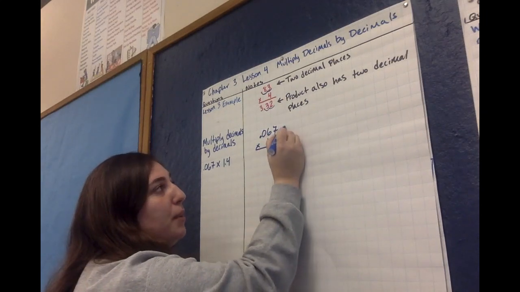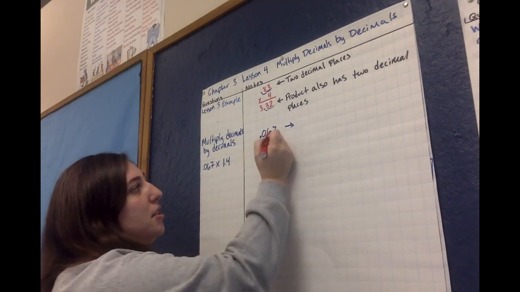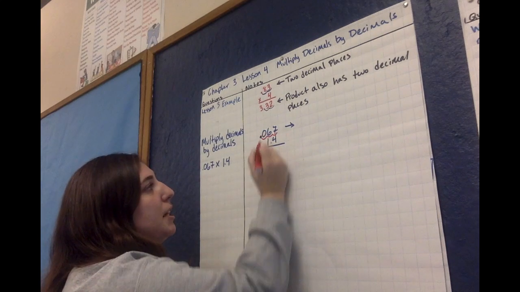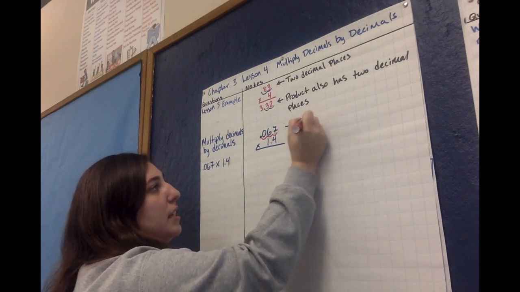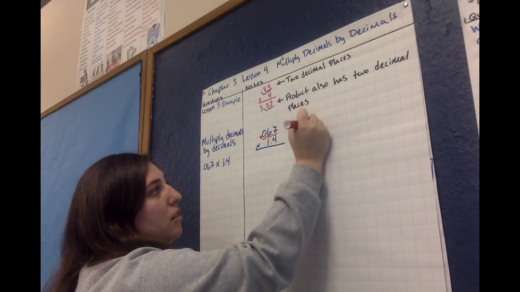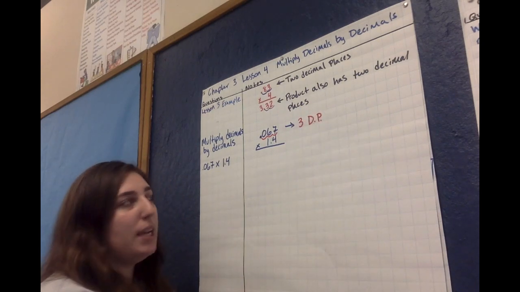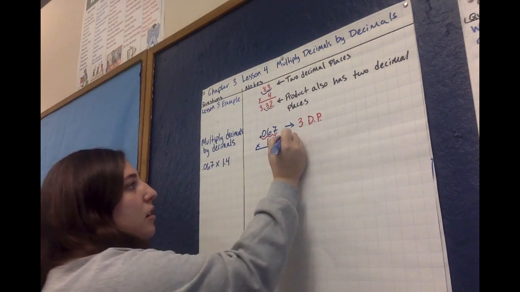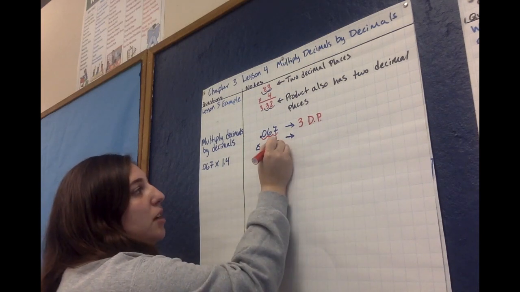So how many decimal places does this number have? And let's count the jumps. So if I start over here, I'm going to have 1, 2, 3 jumps until I get to my decimal. So it looks like there are 3 decimal places. And I'm just going to put DP for short, so decimal place. Okay? And then 1.4, I'm going to start on my right, count my jumps.